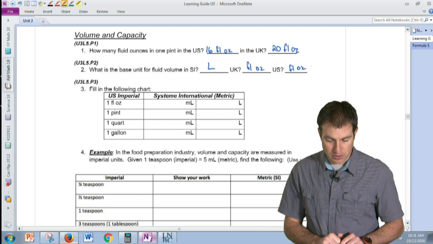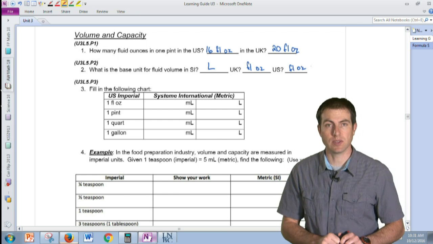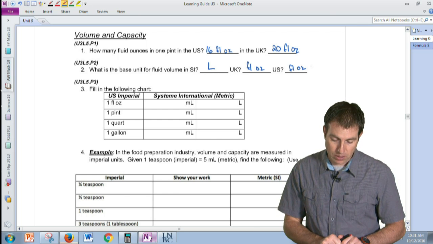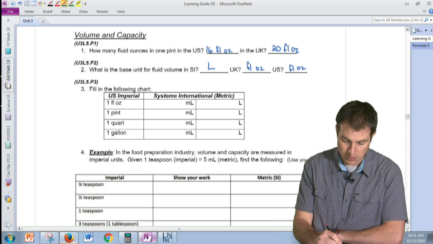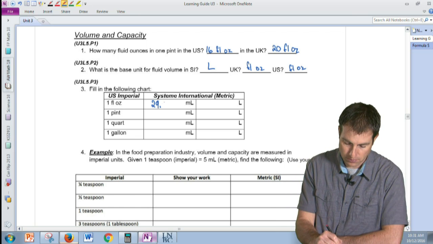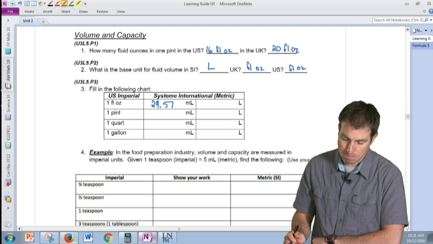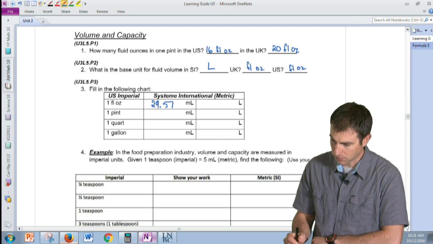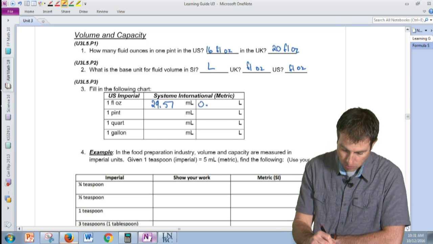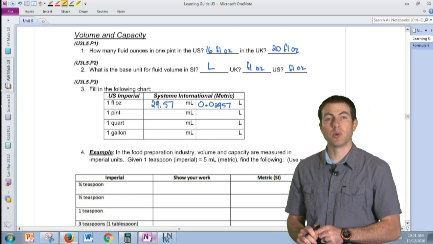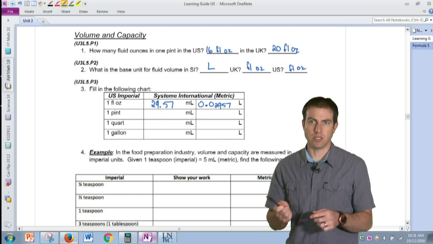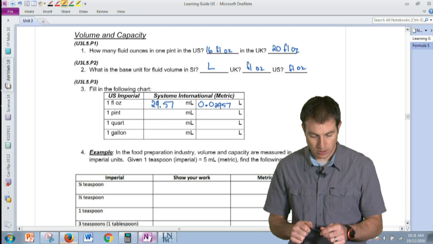The important thing here is that we can convert back and forth between the systems. So a fluid ounce is 29.57 milliliters, which is 0.02957 liters. And remember, when we're moving from milliliters to liters, we just divide by 1,000.